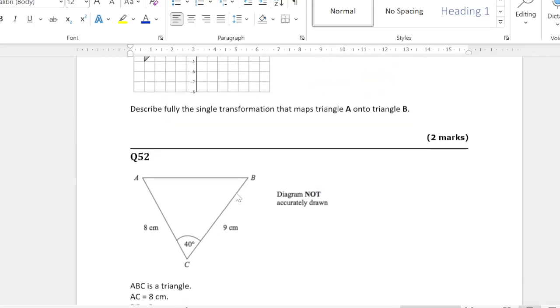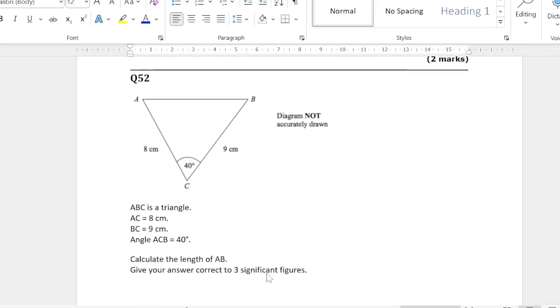Okay, 51. Calculate the length of AB, so I'm going to call that x for now. So x squared is going to be equal to, we use an advanced trig here, 8 squared plus 9 squared minus 2 times 8 times 9 times by cos 40.